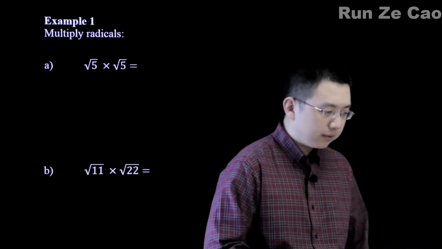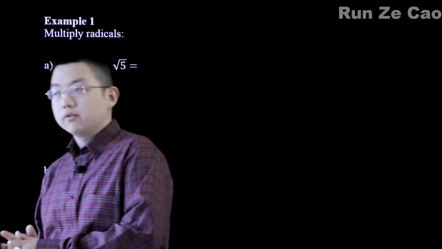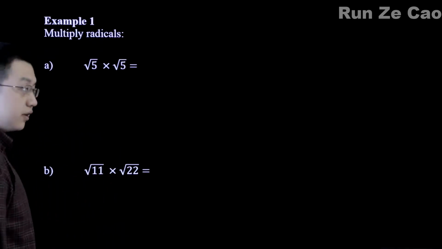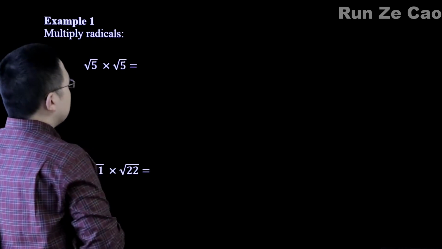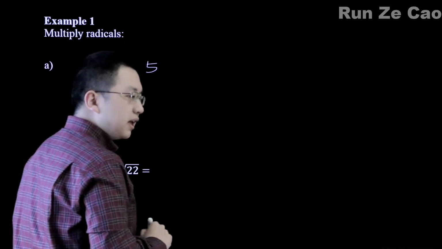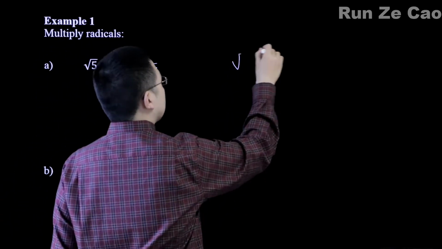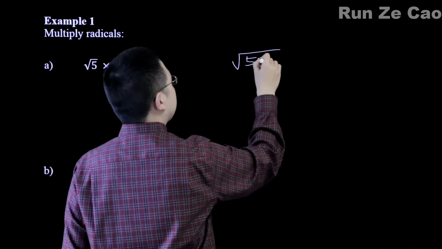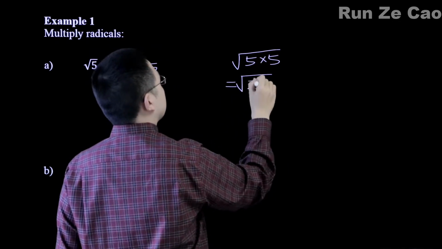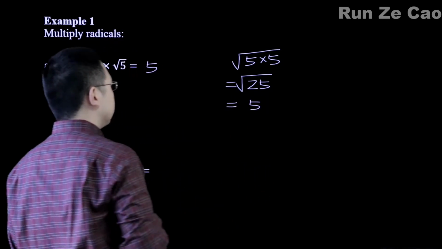Okay, let's do some examples of some basic operations with radicals that we need to know for grade 11. So square root 5 times square root 5 gives us, well, we can just write 5. But technically speaking, the actual train of thought that we should have followed was square root of 5 times 5 equals square root 25 equals 5.